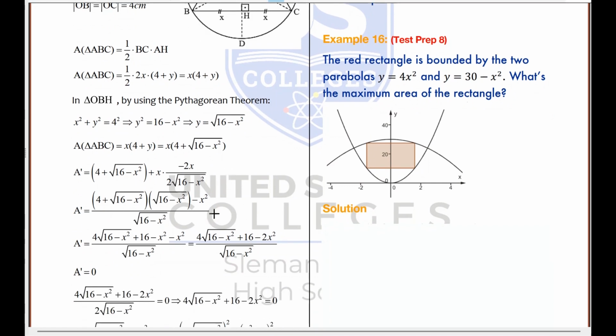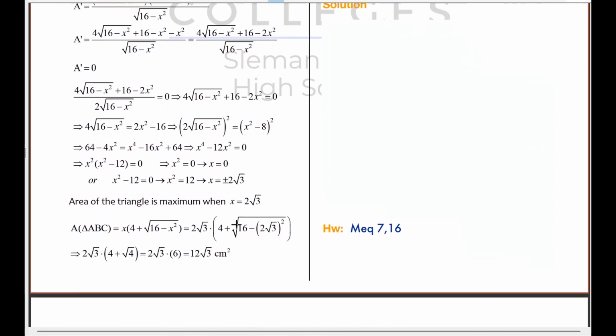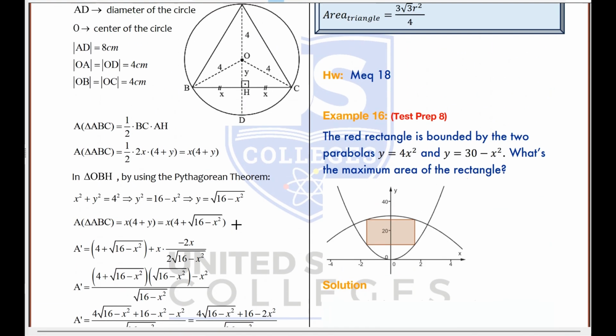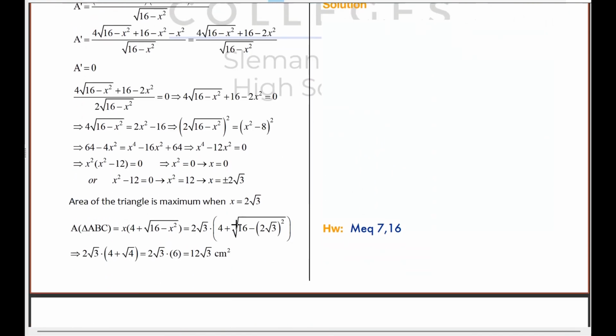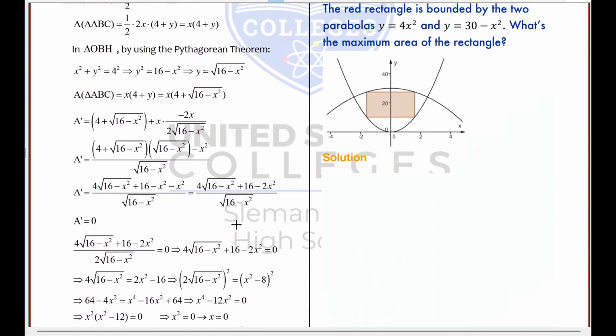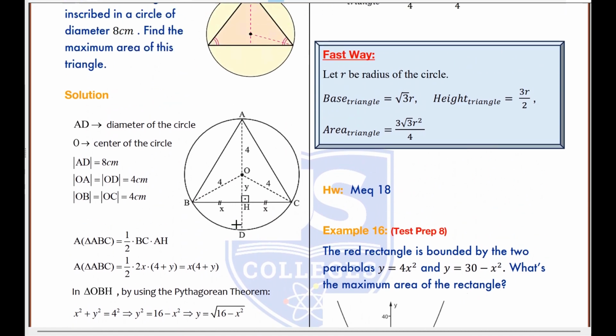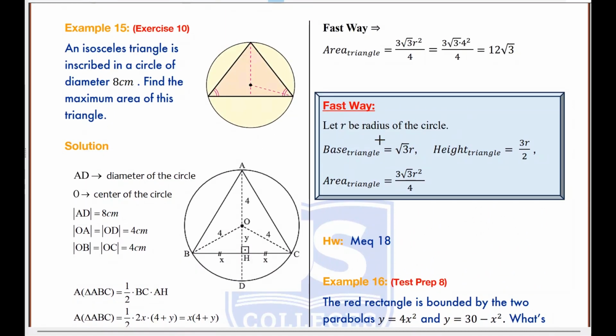Again, it involves radicals. It takes a lot of time. See, just half the page is spent to solve this question. So we don't have that much time to answer the question. So I suggest using the fast way for this type too.